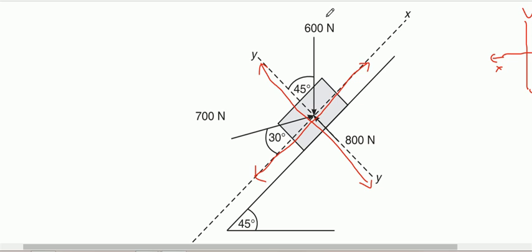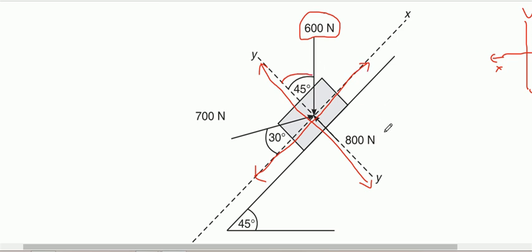Now 600 is a force making 45 degrees with respect to which axis? Y axis. So 600 becomes an inclined force with respect to the y axis.